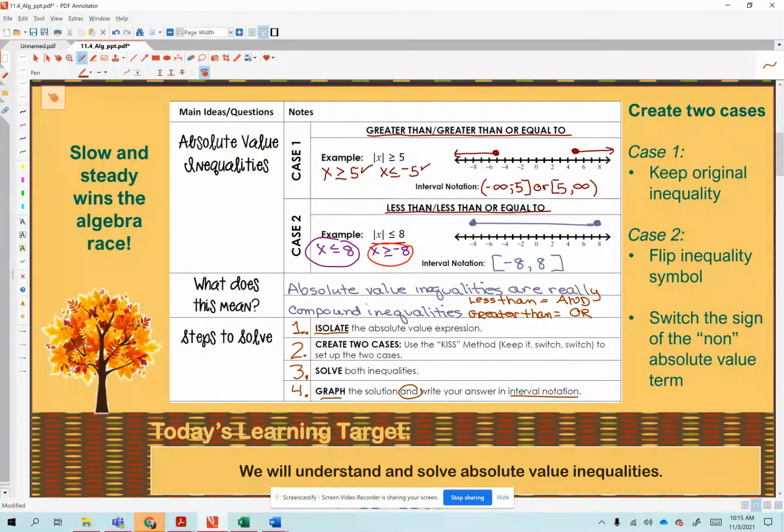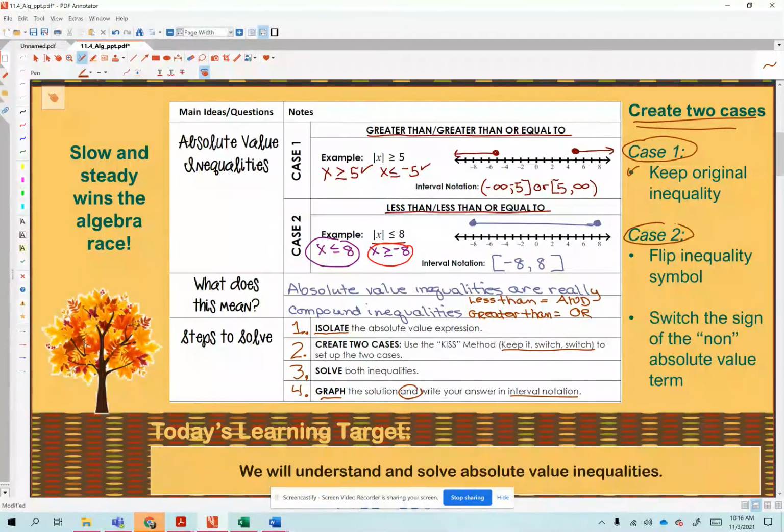So I want you to make sure and remember these steps. I'm not one for these little tricks, but if this mnemonic helps you, that's okay. But I want you to know what you're doing. You're creating 2 cases. In the first case, you keep the original inequality.